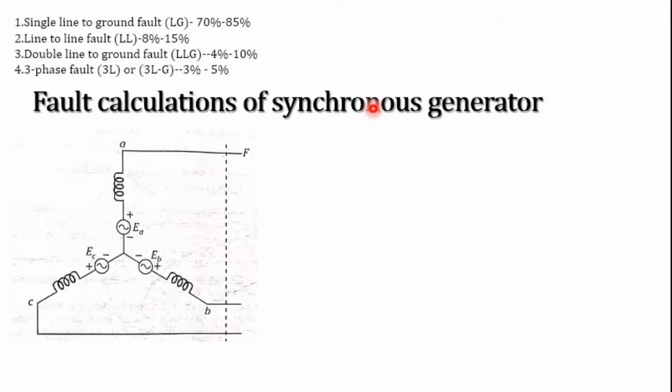First, let us look at fault calculation on a synchronous generator, the first component we are considering. Consider a balanced three-phase system, that is the synchronous generator, which is subjected to some unsymmetrical fault at F across the terminal. The fault may be unsymmetrical, but to the left of the point F the system is completely symmetrical.